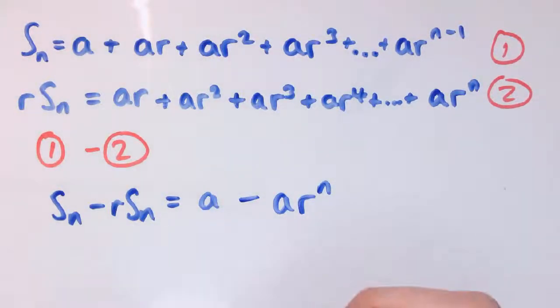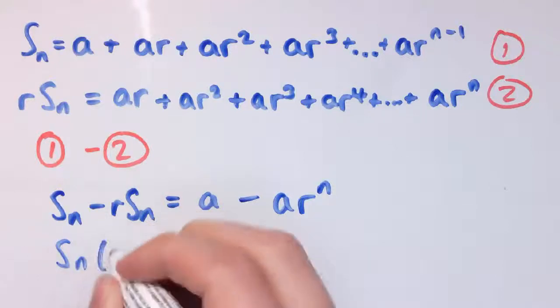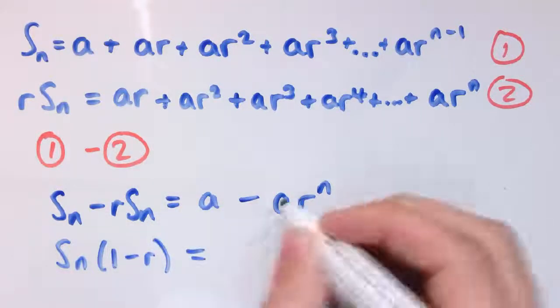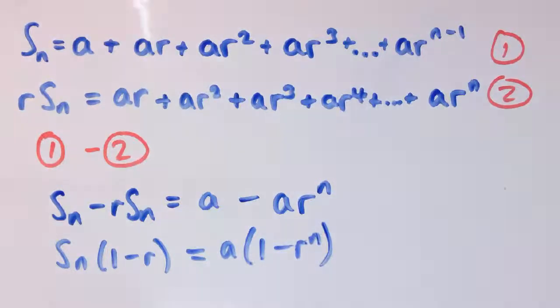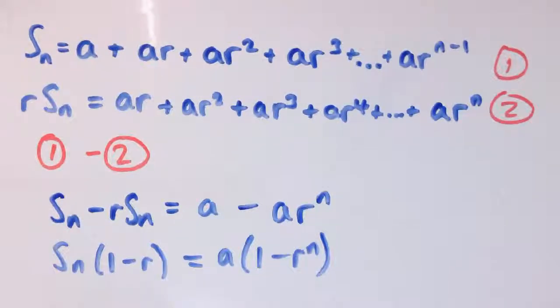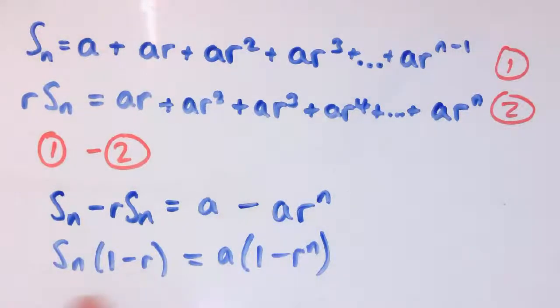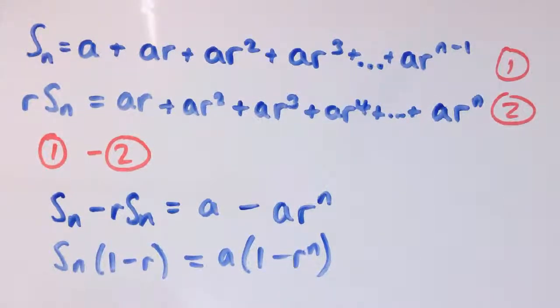So let's factorise each side. I've got Sn times 1 minus r, and on the other side I could write this as a times 1 minus r to the n. To get my formula for Sn, I now divide both sides by 1 minus r.